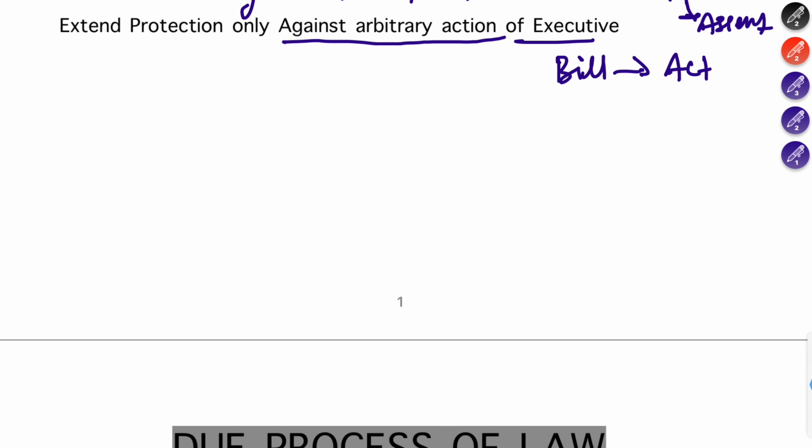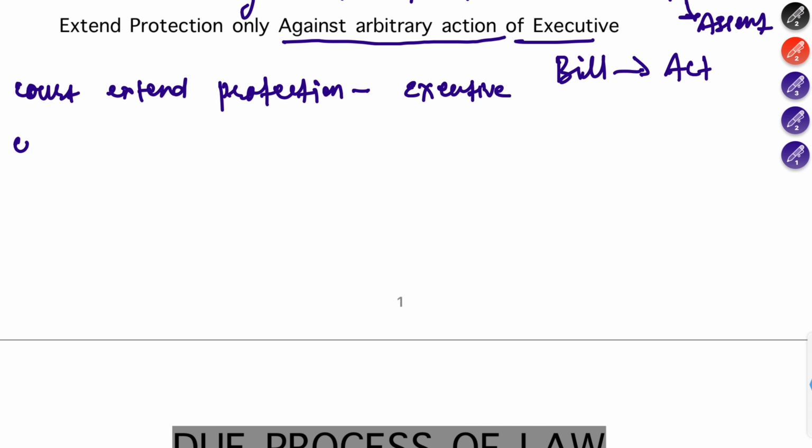The court extends protection only against the executive.